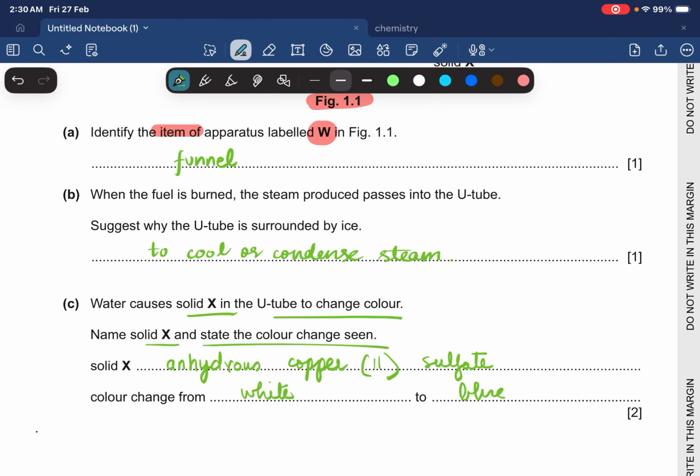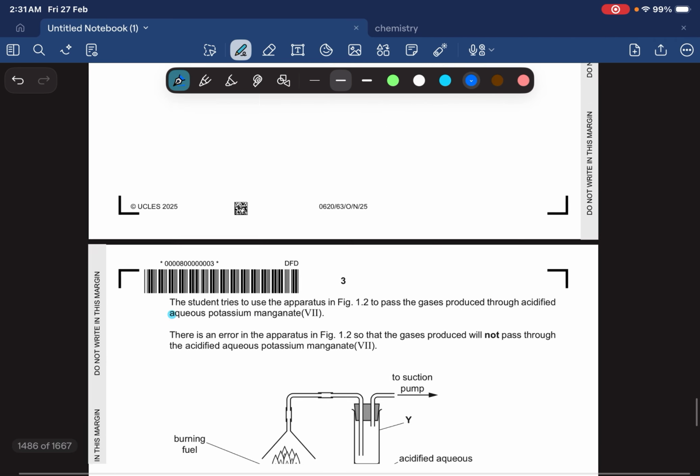And the second salt that we've studied in the syllabus that you can add over here is the same anhydrous, cobalt 2 chloride. And this salt is going to change color from blue to pink. You can write any one of them because both of them change color on addition of water.